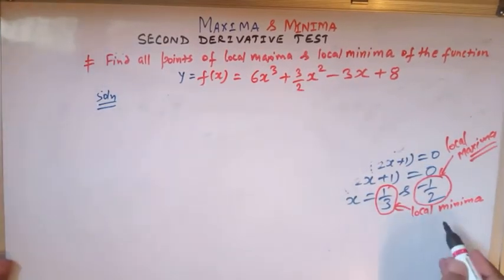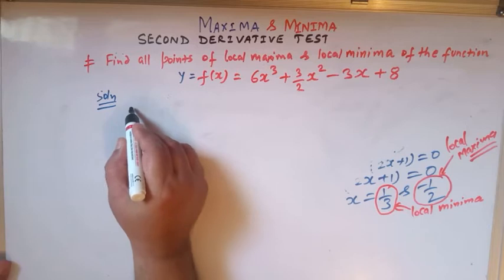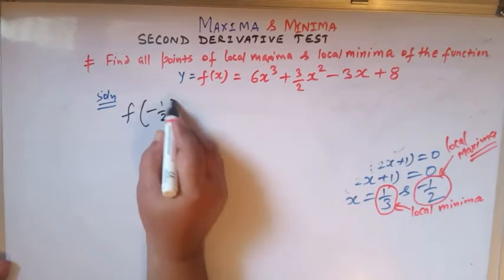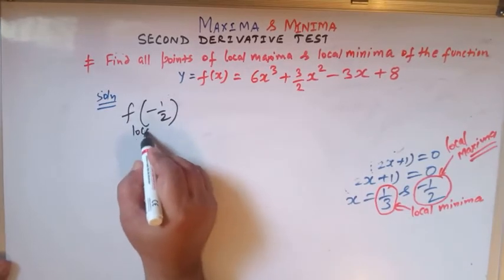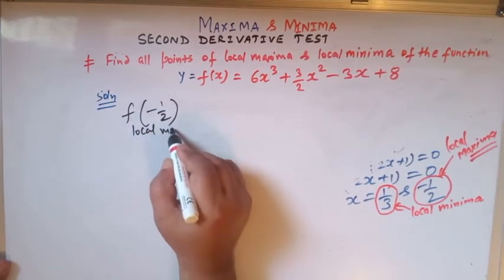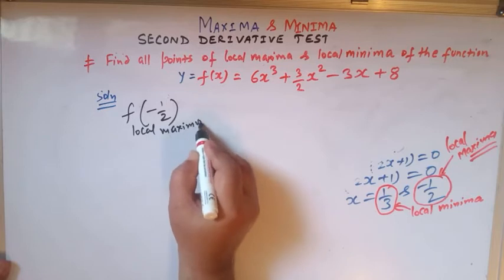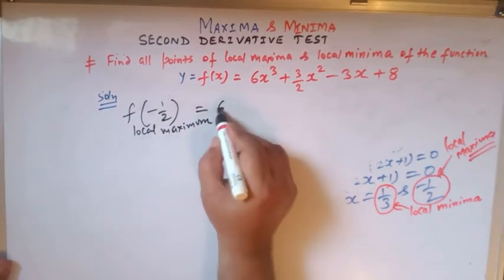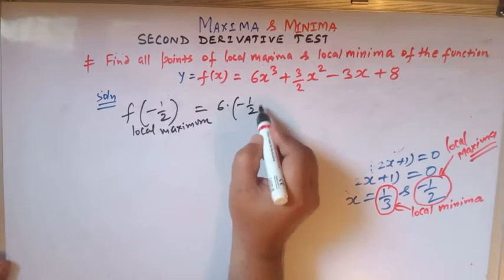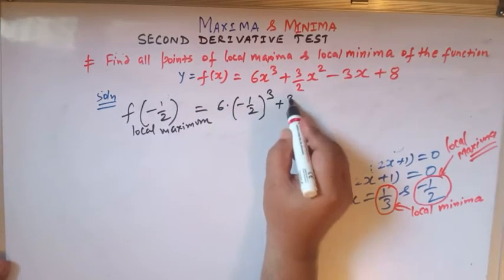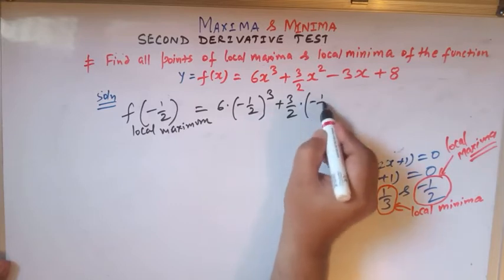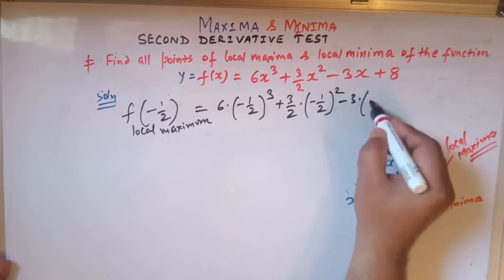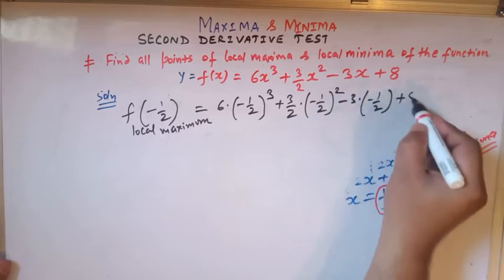Okay, so first we'll find f of minus half. This is the local maximum value. So f of minus half is 6 times minus half cubed plus 3 by 2 times minus half squared and this is minus 3 times minus half plus 8.